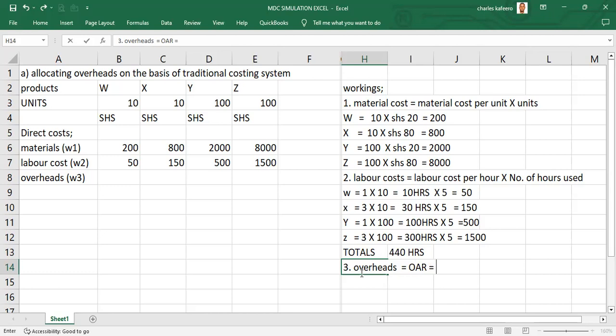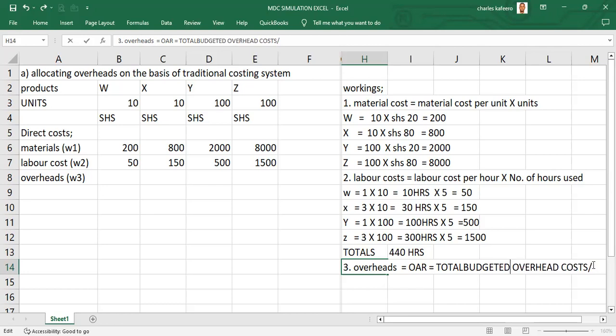And the overhead absorption rate is always equal to the total overhead costs, we divide by the total budgeted overhead cost.